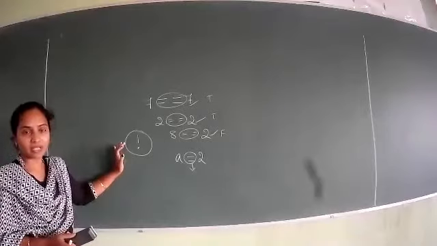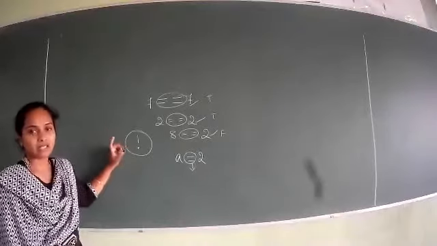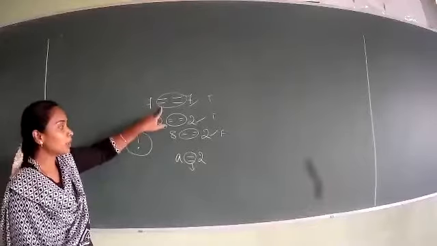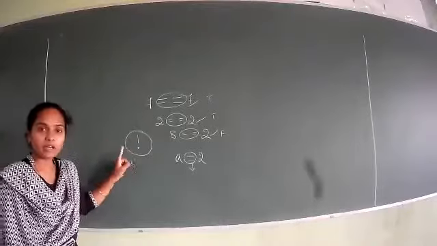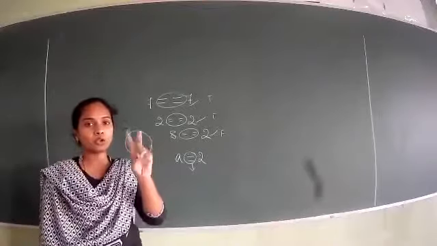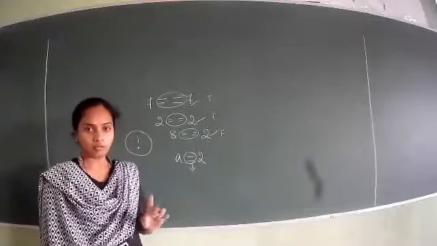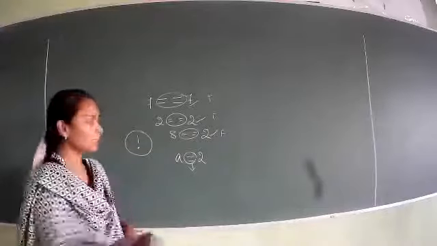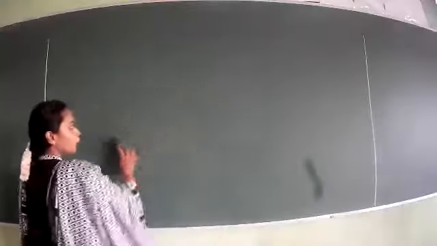So the relational operators are greater than, less than, greater than or equal to, less than or equal to, double equal to, and not equal to, where you are going to compare two variables and give the output either as true or false. Is it clear? These were the relational and arithmetic operators.